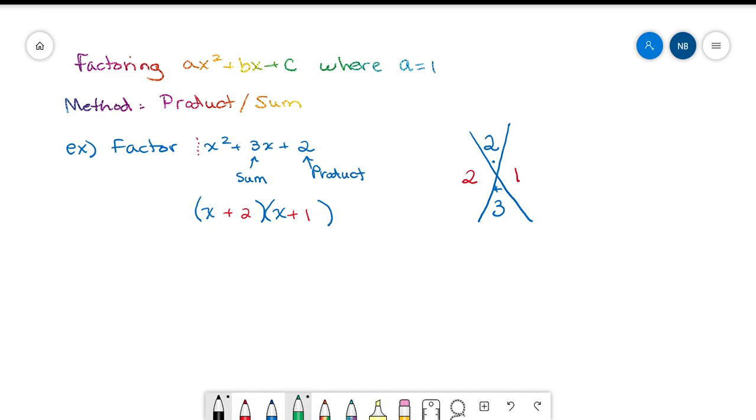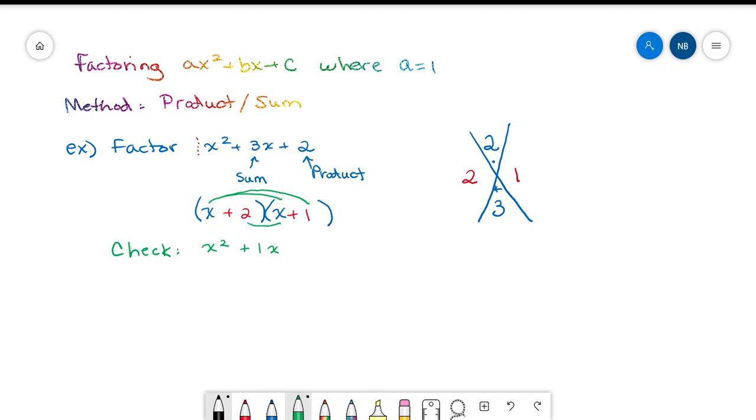Now it's smart until you're super confident and super skilled to always check your answer. And we check by foiling or distributing. So our first multiplication will be x times x, which is x squared. The outer multiplication will be x times 1, which is 1x.